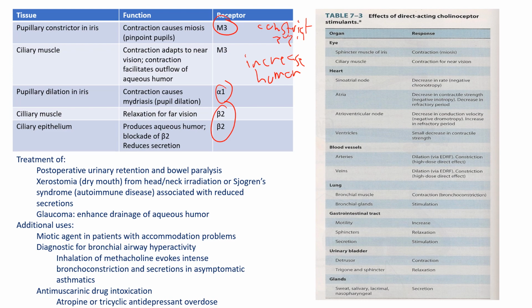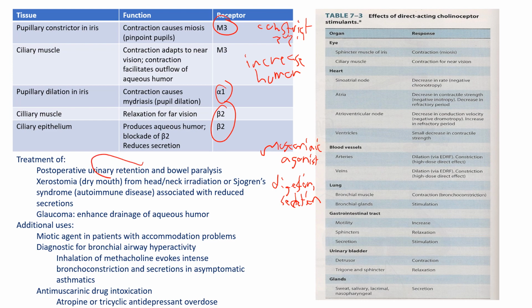Like we've been talking about before, muscarinic agonists, or parasympathetic agonists, will generally increase processes like digestion and secretions. So what do we use these for?